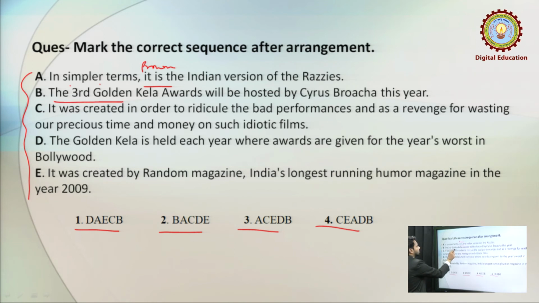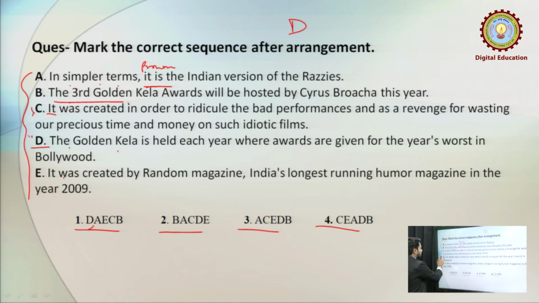'The third Golden Kela award this year' cannot be the first sentence. 'It was' cannot be. So the first sentence will be D. D is the opening sentence, because all these other sentences are connected and cannot be the first sentence. So we have only one option with D.